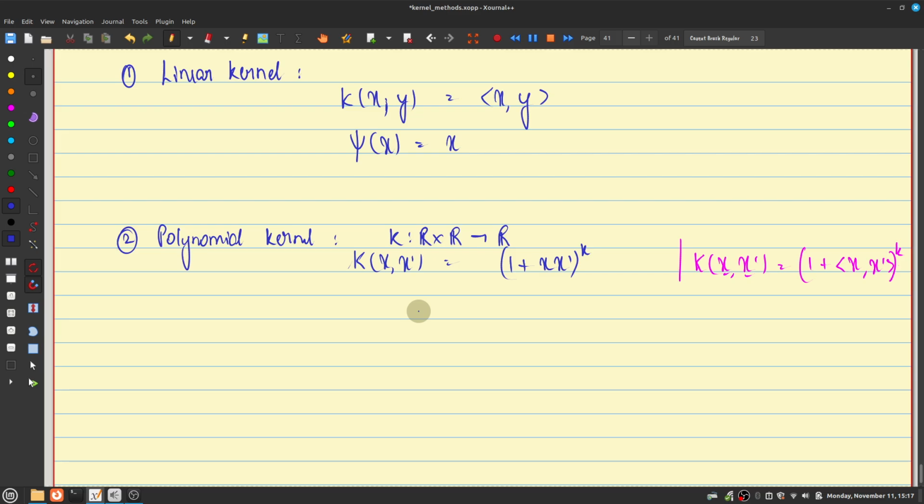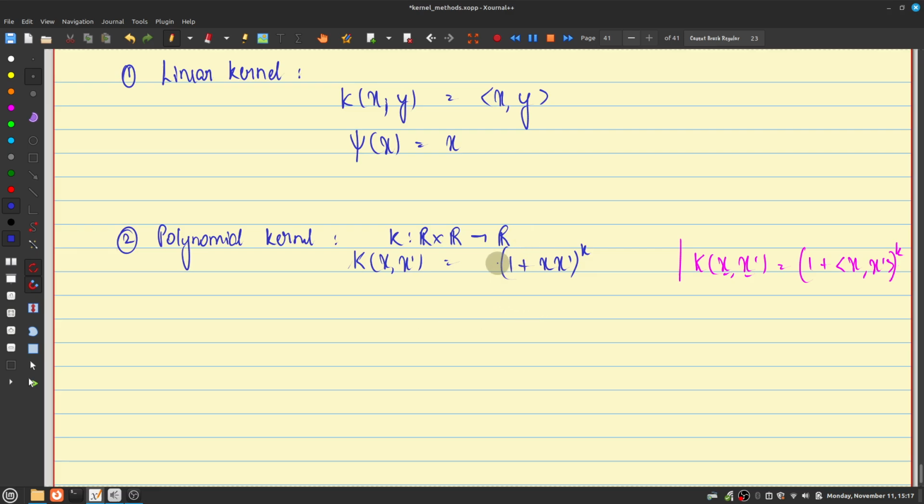K is fixed. When I say polynomial kernel, we'll see why that's called the polynomial kernel. I want to find the feature map. Once you find the feature map, it will be clear where that k comes from. So I want to express this as an inner product between two vectors, one containing x and one containing x prime.